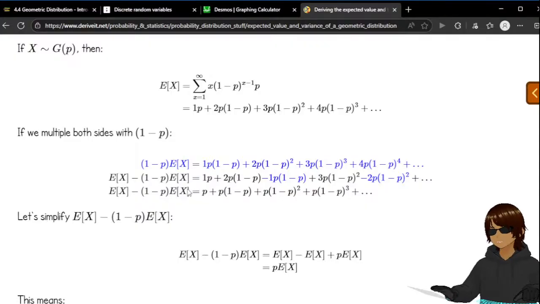P is repeated, we can take p out. 1 minus p. So this minus this. So 1p minus... actually, let's do 2p minus 1p, 3p minus 2p, 4p minus 3p. And then, yeah, let's do that.